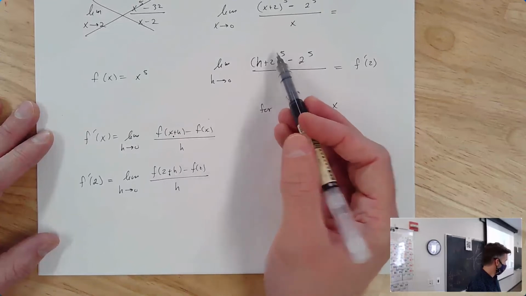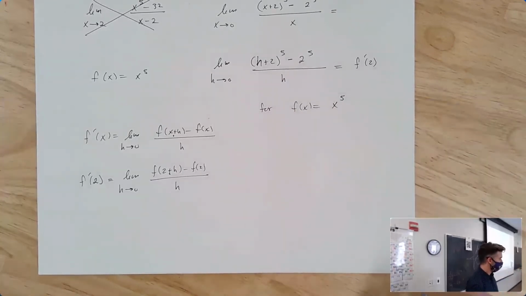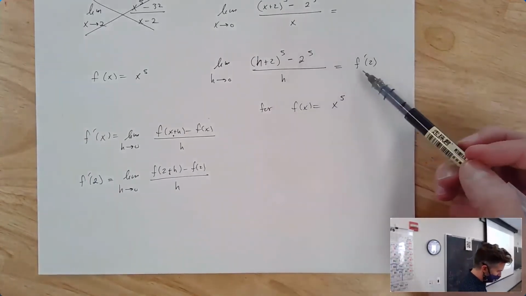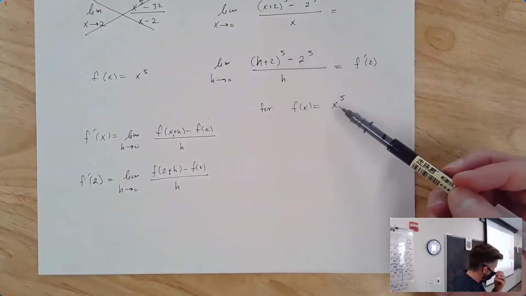I'm raising it to the 5th power. So it looks like my function is x to the 5th. Let that sink in for a second. Is this really the derivative of x to the 5th evaluated at 2? I think it is, right?